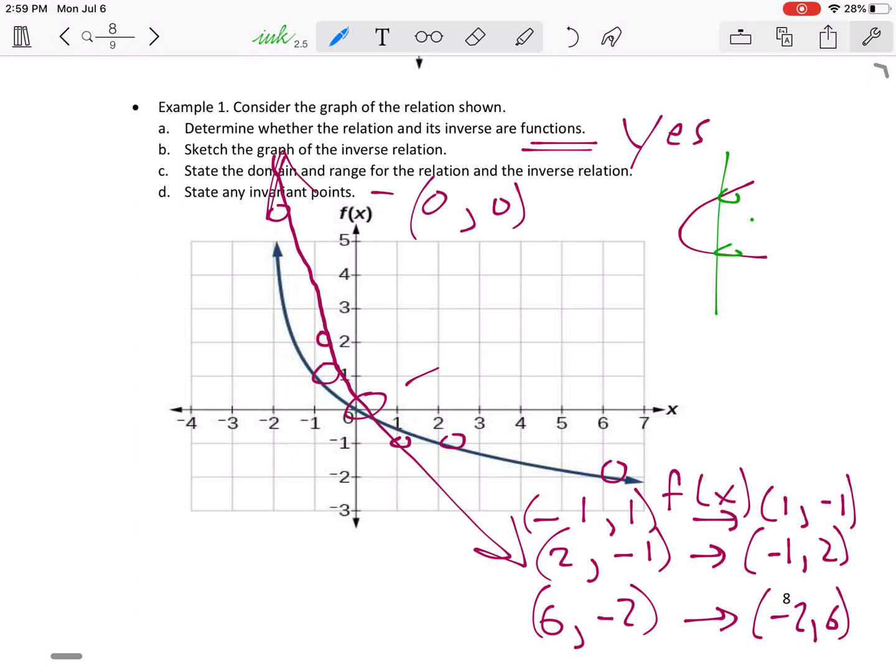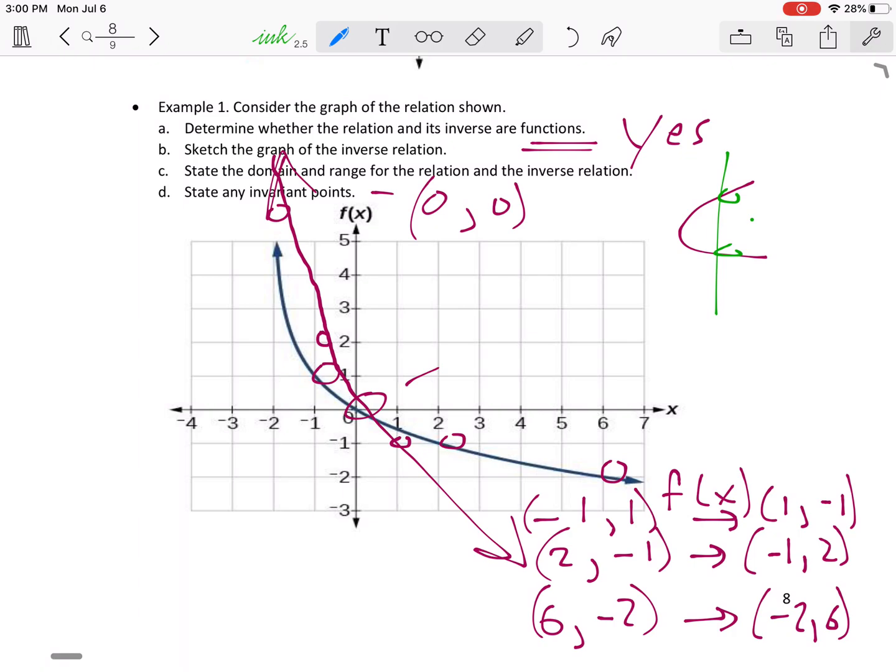Okay. And then the domain and the range. It's a little bit hard to tell with the original function, because you don't know if x equals negative 2 is an asymptote. If that were the case, then the domain would be greater than negative 2, and for y it'd be all real values.